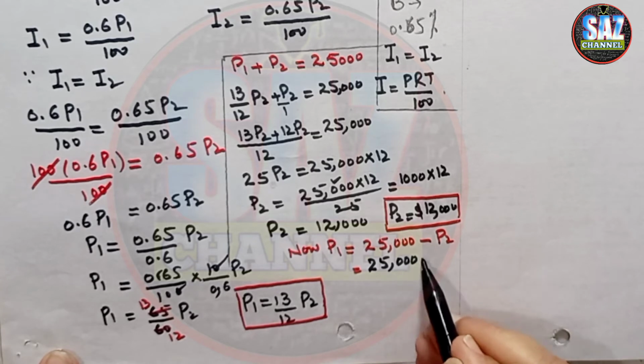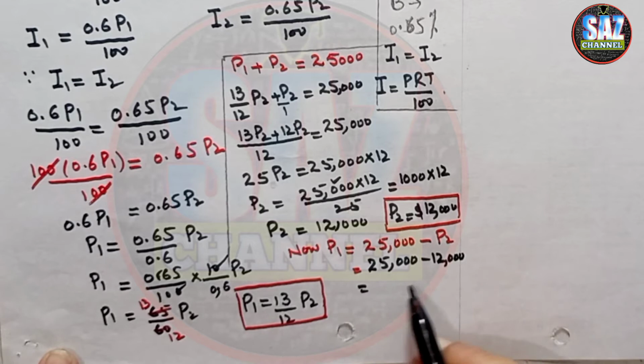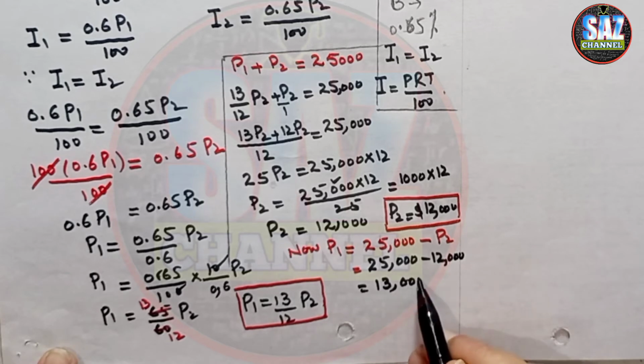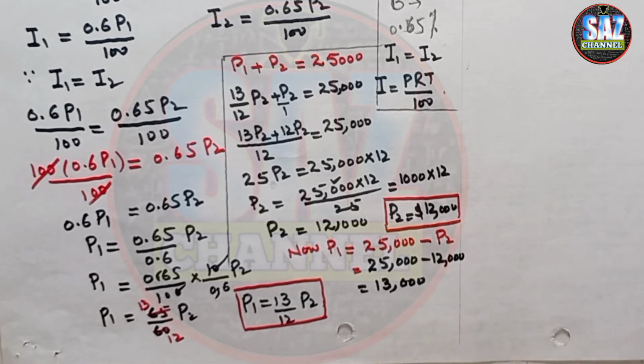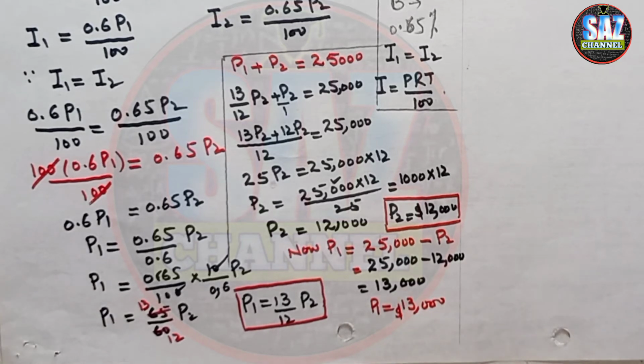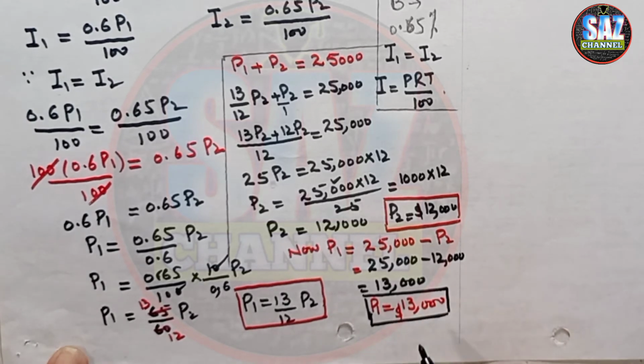This will give me 5 minus 2 is 3 and 2 minus 1 is 1, 13,000. So the amount in bank A, P1, is $13,000, and the amount in bank B is $12,000, which he is keeping in the bank for 1 year. I hope you are clear about this question.